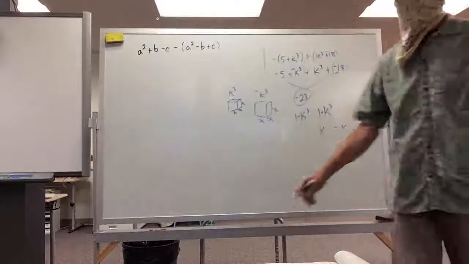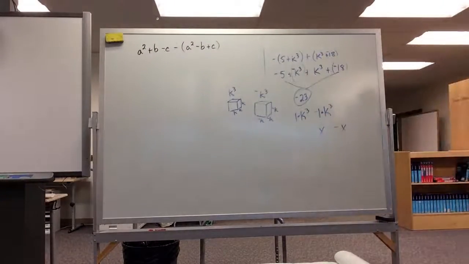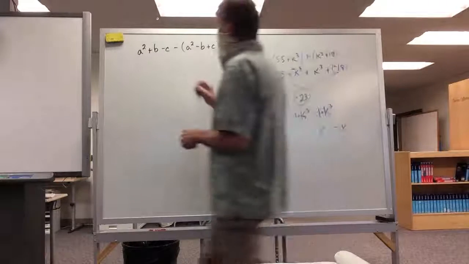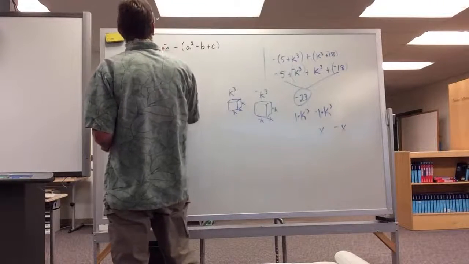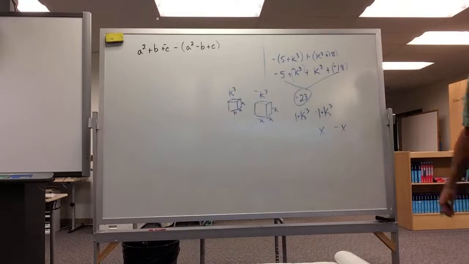Yeah, that's number 15. Just look at it up there too. A squared plus b minus c is just a squared plus b minus c. However, I would rewrite the minus c as plus a negative c. And you should too. But now we have subtracting a squared minus b plus c. So that needs to have the parentheses removed.